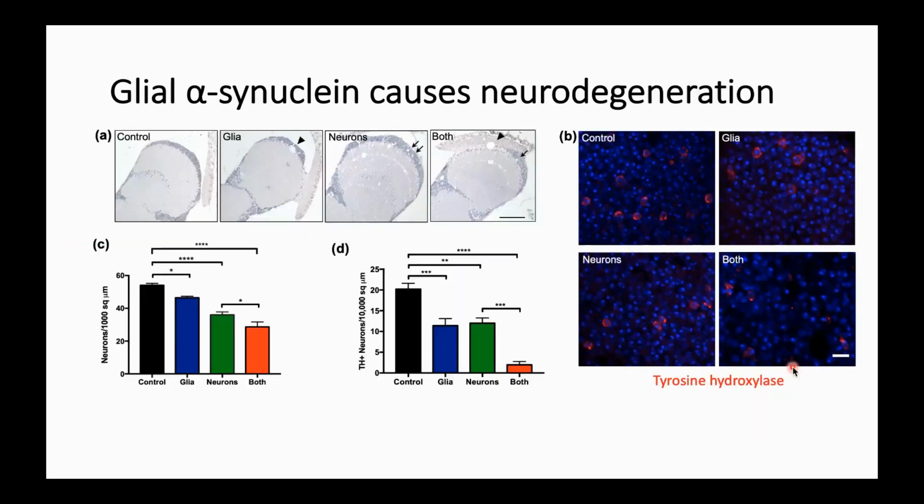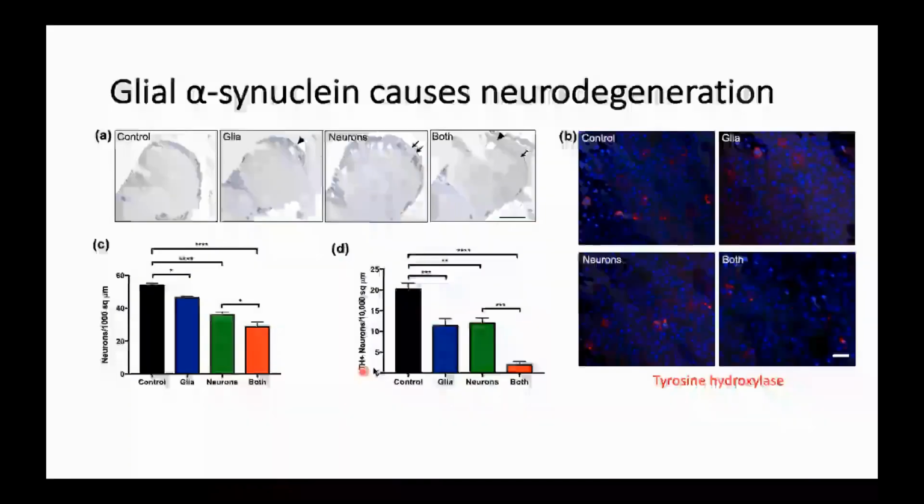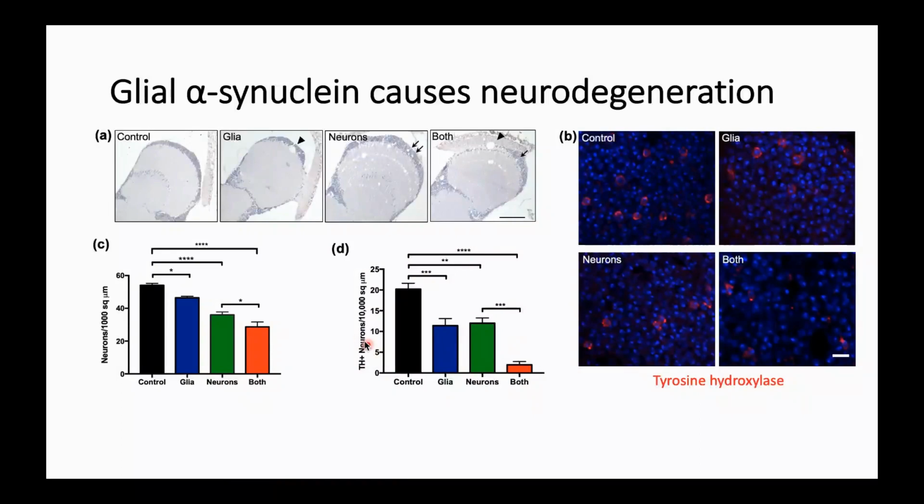Then moving beyond simply a phenotypic analysis to look at actual pathology, glial alpha-synuclein actually causes neurodegeneration as well. So we can see that at the top with vacuole formation. Or if I look at total neuron counts, you can see there's a stepwise decline here with increasing alpha-synuclein burden. And then perhaps more interestingly, if I look at dopaminergic neurons by measuring tyrosine hydroxylase staining, here again you can see that glial alpha-synuclein has an effect.